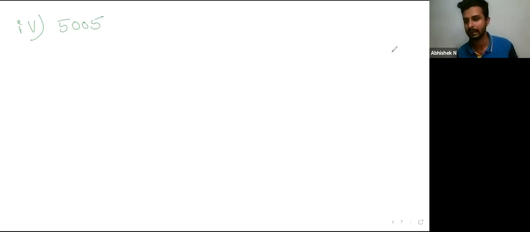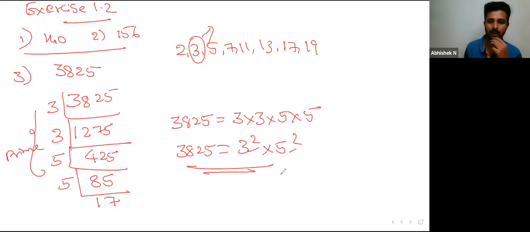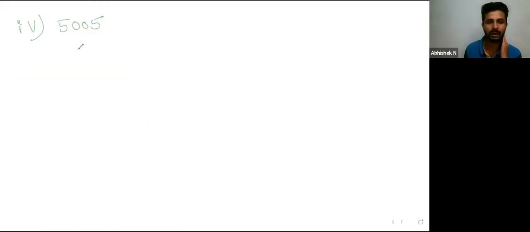I'll give you 2 minutes. Do this. I'll ask at 3:35. It's 3:33 now. I'll ask when you are done. You guys are doing it, right? Just use the similar method and find out the factors of 5005.